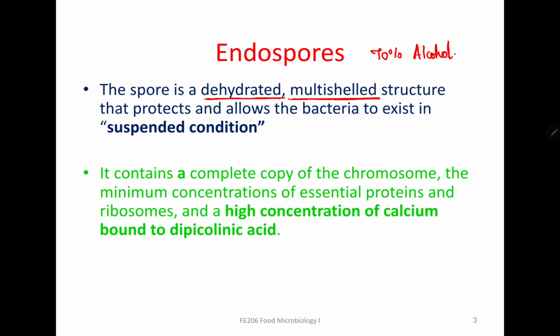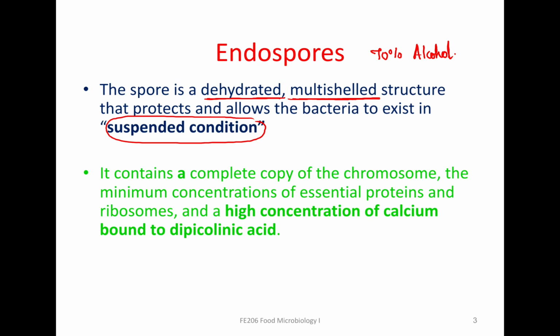So it's a kind of suspended condition of bacteria. Bacteria is not dead, bacteria is alive, but it is present in a suspended condition. And this endospore contains a complete copy of the chromosome. They have the circular DNA and chromosome present, and all the essential proteins which are required for survival of this endospore are present.